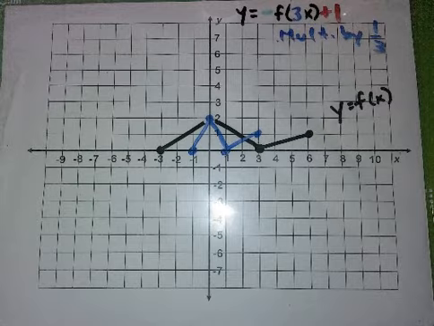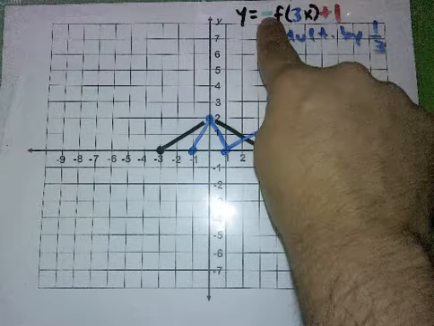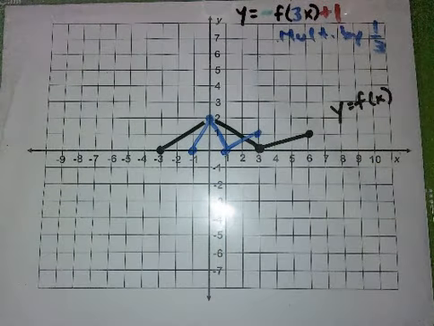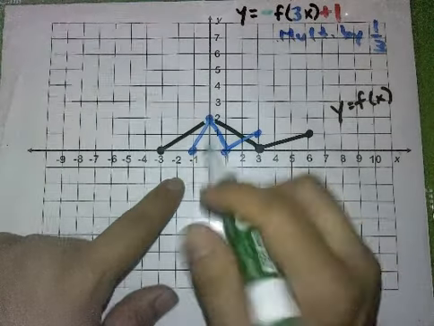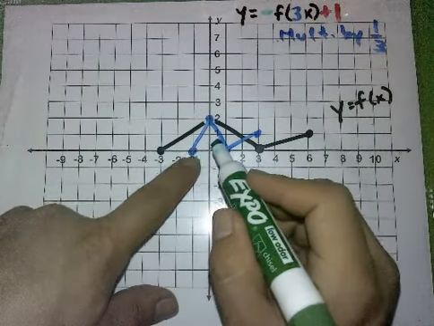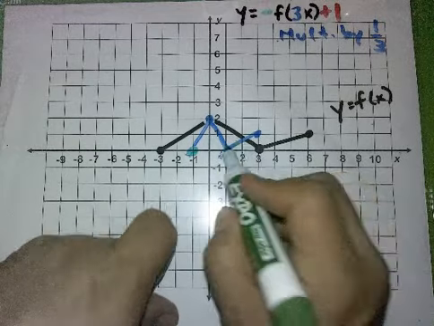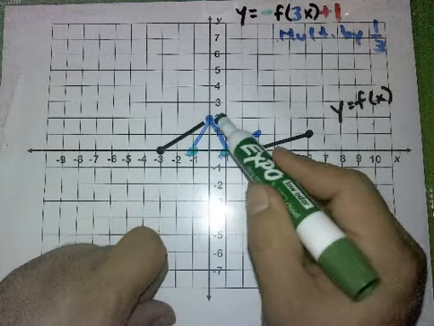Now, if we use the same idea of anything multiplied on the outside, we're just going to multiply the y values but keep the x values the same. Here the y value is 0, so we're going to keep this 0. Here the y value is 0, so we're going to keep this 0. But here the y value is 2.